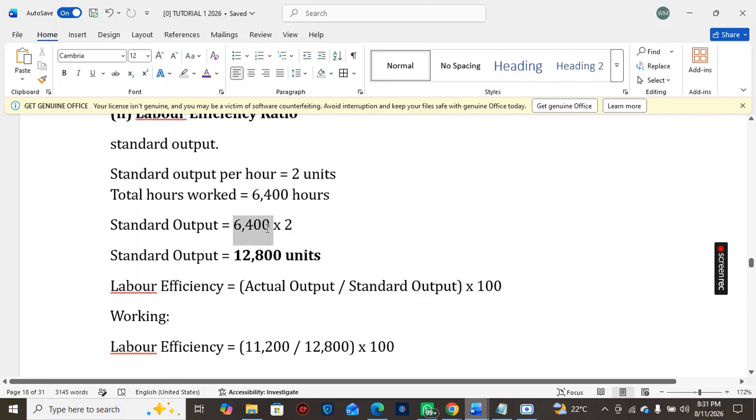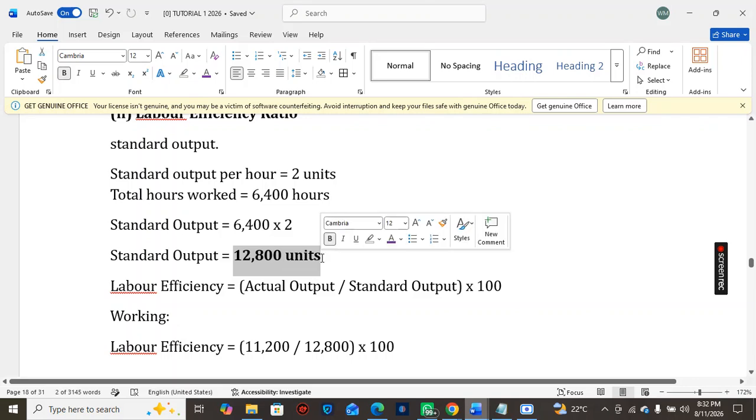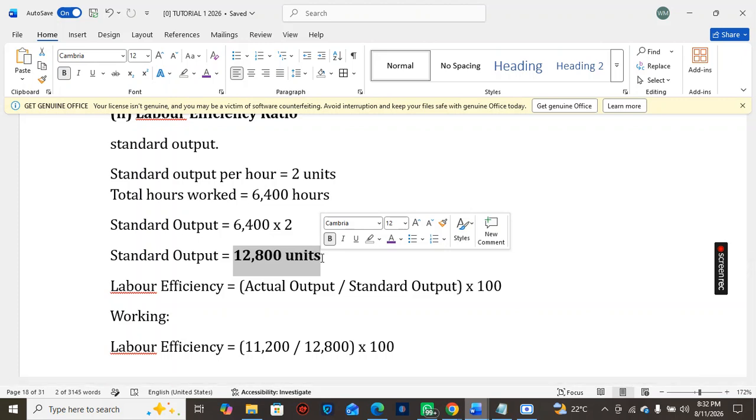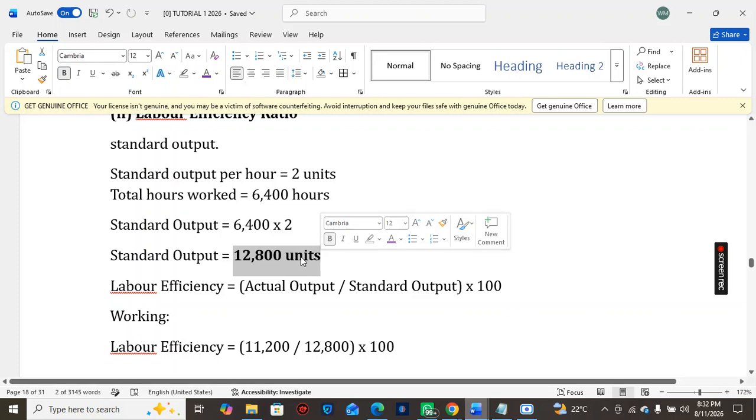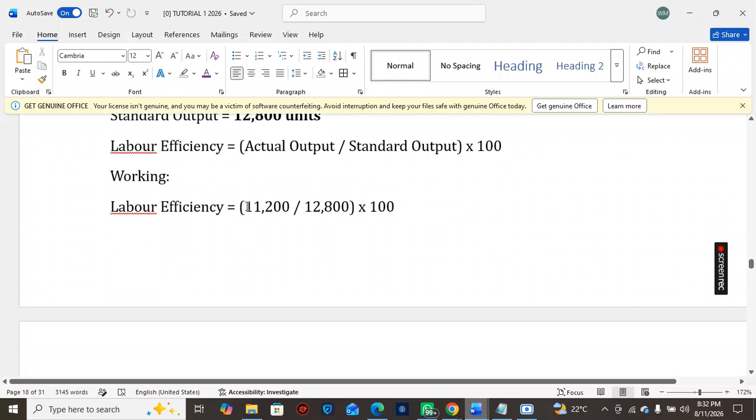So 6,400 times 2: they were supposed to produce 12,800 units according to the standard, because the company expects each worker to produce 2 units each hour. But they only produced 11,200 units, way below expectations. So you say 11,200 divided by 12,800.